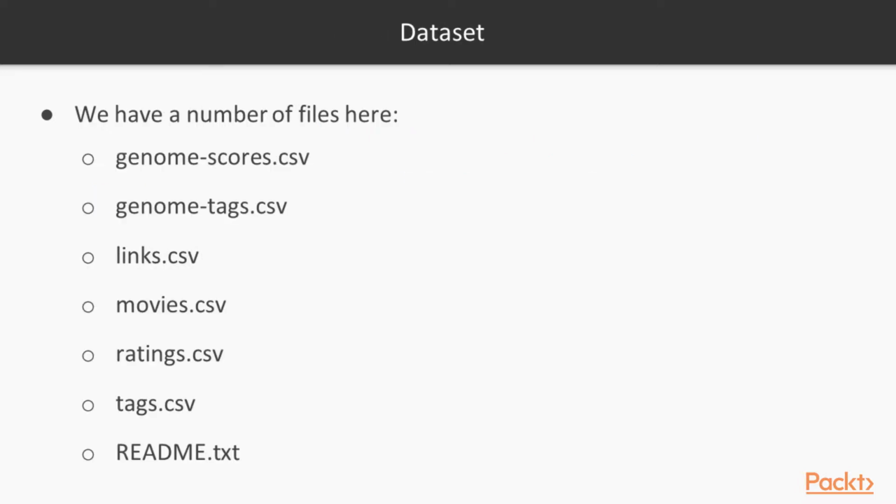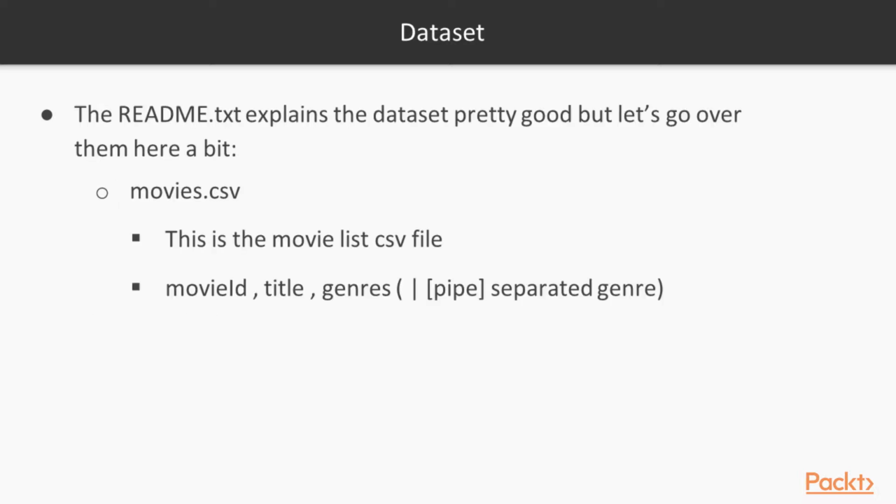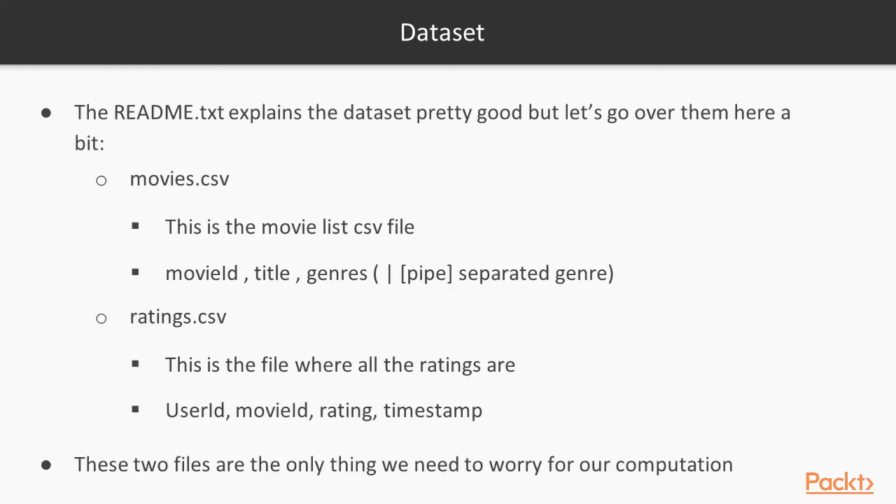If you unzip the dataset, you'll have a number of files: genome-scores.csv, genome-tags.csv, links, movies, ratings, tags, and eventually a readme.txt. The readme.txt explains the dataset pretty well, but let's go over them here a bit. Movies.csv and ratings.csv are the two files that we're going to use for our basic algorithm.